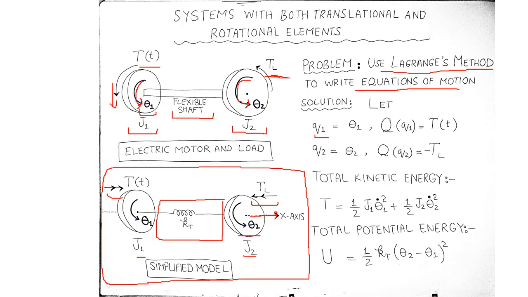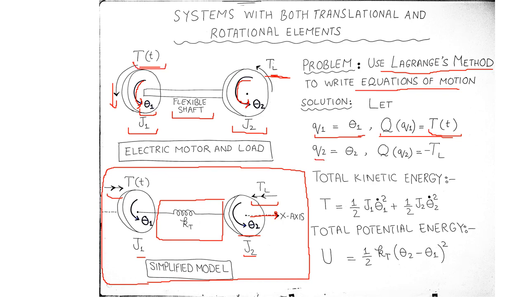So let q1 be θ1, and the corresponding loading applied to a point on the rotor where the displacement is θ1, the corresponding loading, capital Q1, is the torque. This is given as part of the problem.